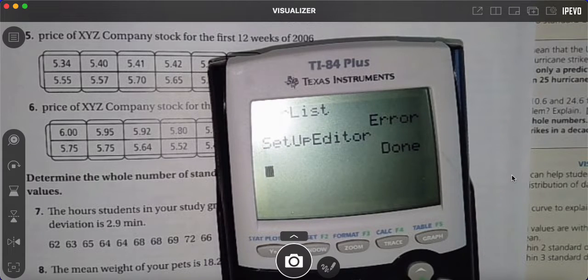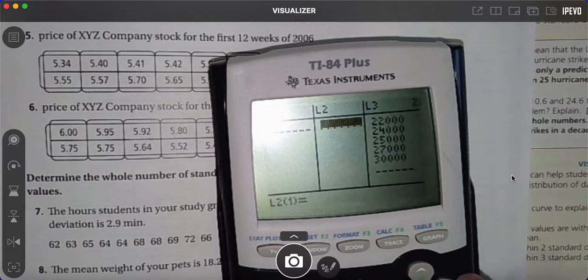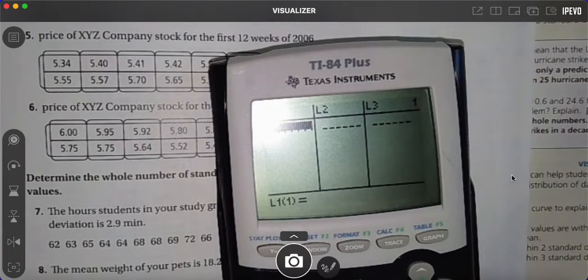It's still there, so just press delete. You can't press clear, you must press delete.